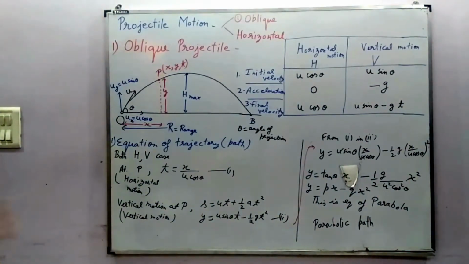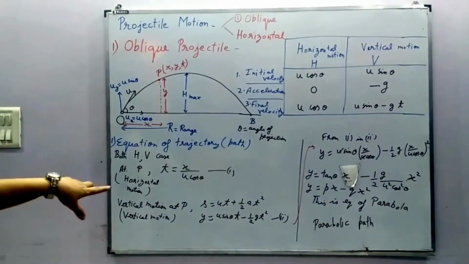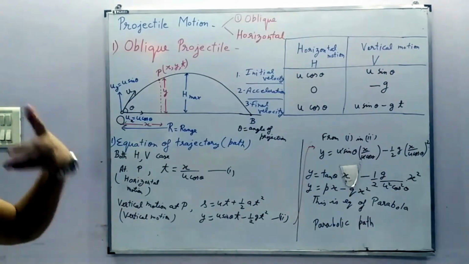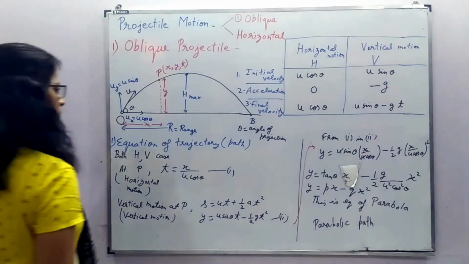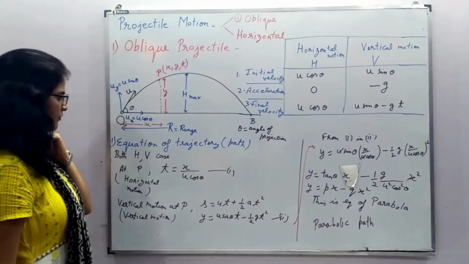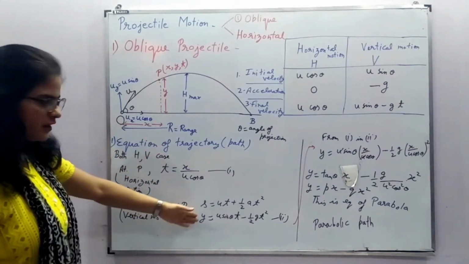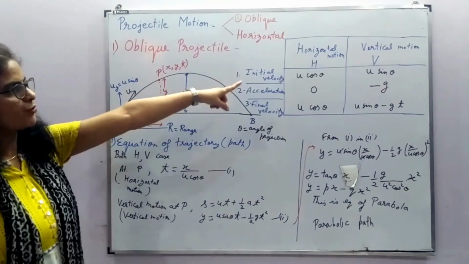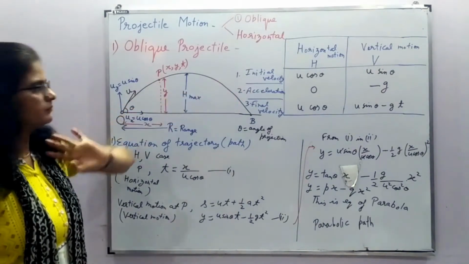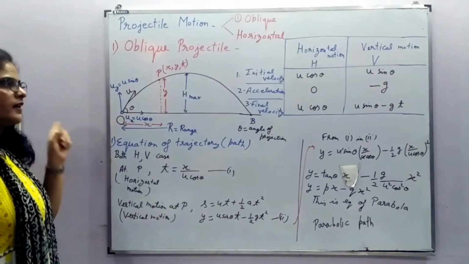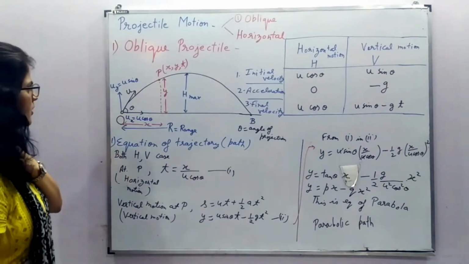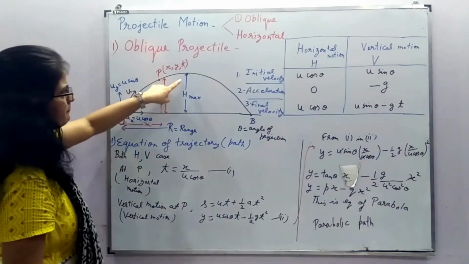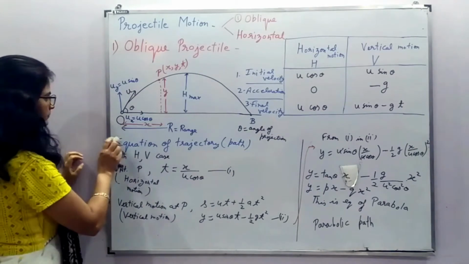Why have we taken both the motions here? Because the path or the trajectory is a combination of both the motions. That's why I have taken this time t and put the value in this equation, and whichever motion we are considering, we have to refer to this table. Right? Now let's move on to the second derivation, and that second derivation will be maximum height.